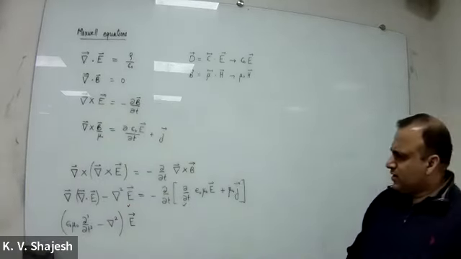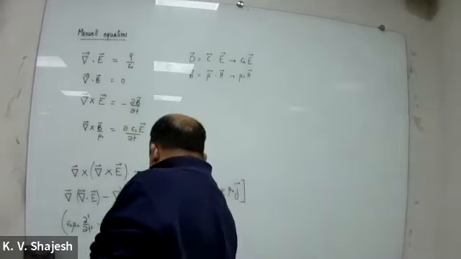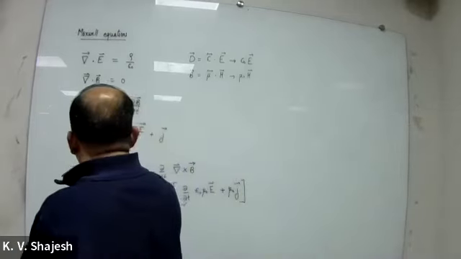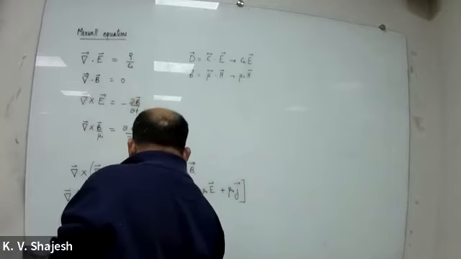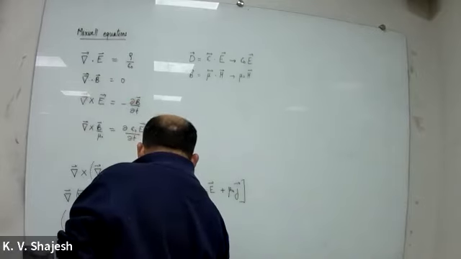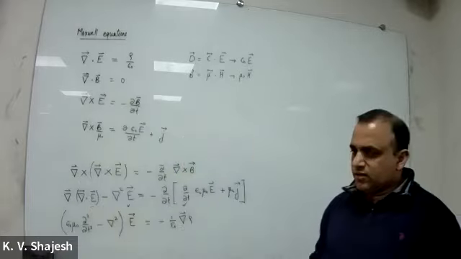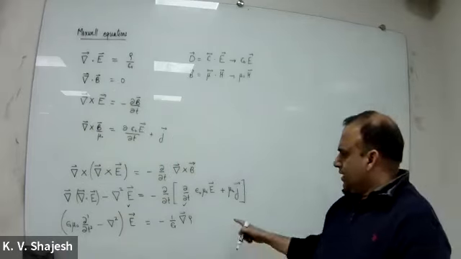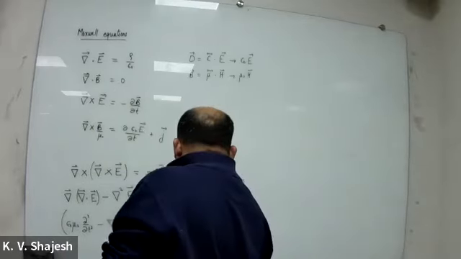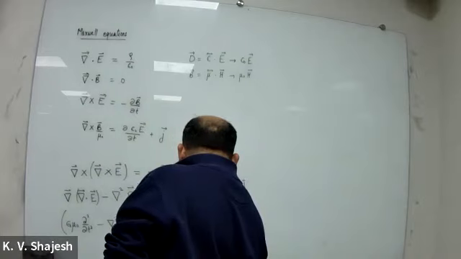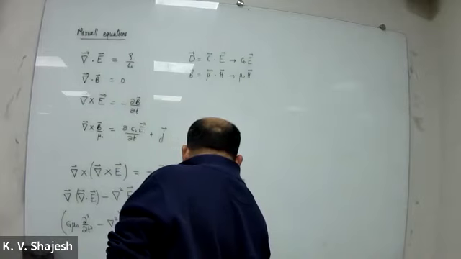And what is on the right side now is all sources. I bring this to the right hand side, so that's minus 1 over epsilon naught times the gradient of rho. That's by substituting the rho in there. And I have the time derivative of J. It's minus mu naught times the time derivative of J.